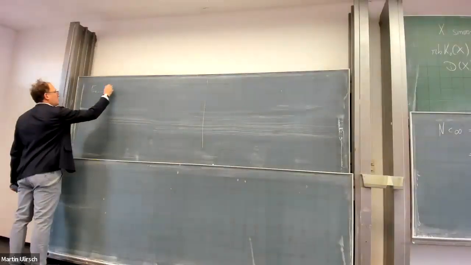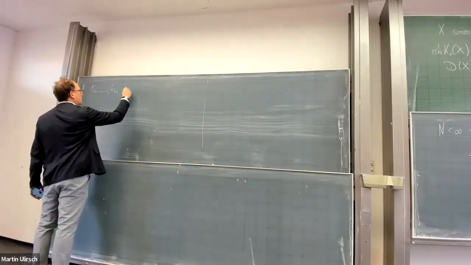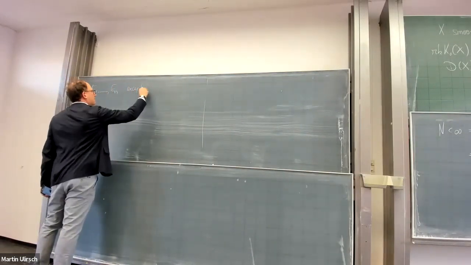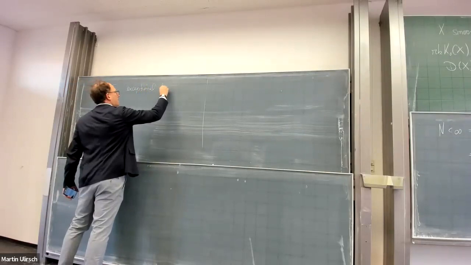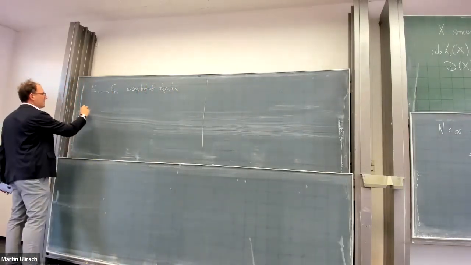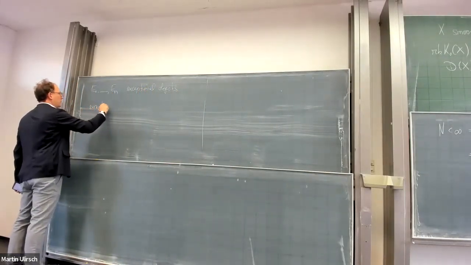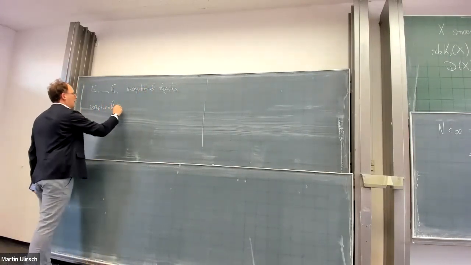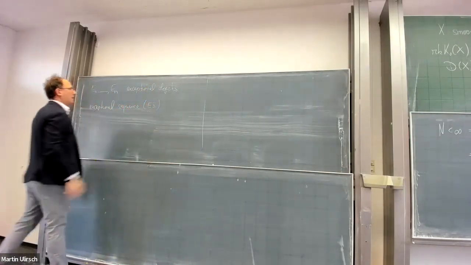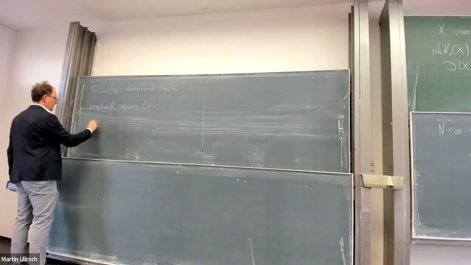You take a sequence of exceptional objects, and we abbreviate it by ES, if the following condition holds.